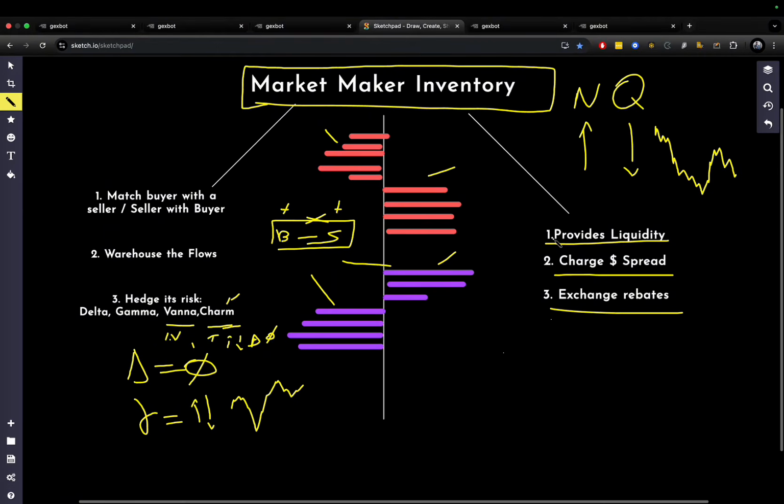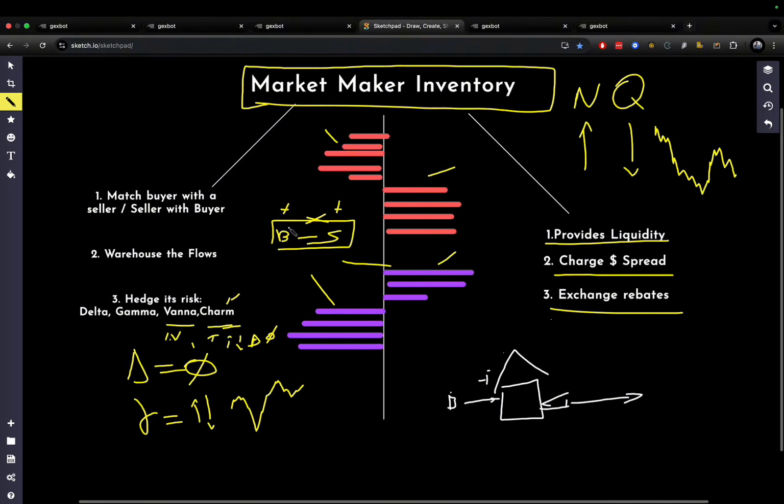I mean, it's not like in the futures market, where there is a buyer and we have a clearing house, and the clearing house matches the buyer with a seller, right? So the market maker doesn't try to do that.